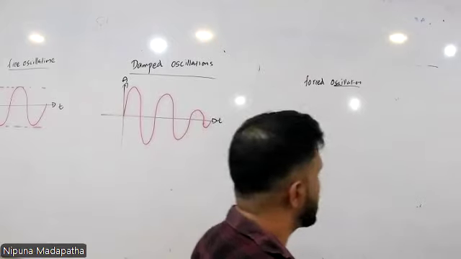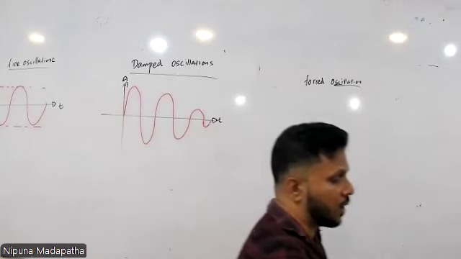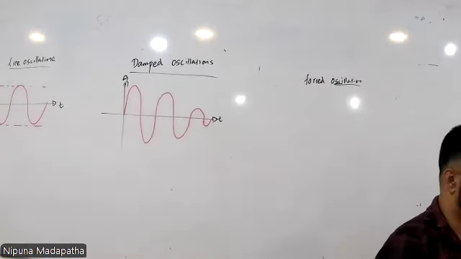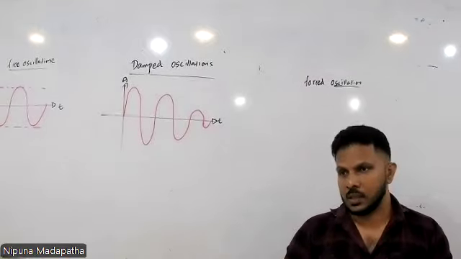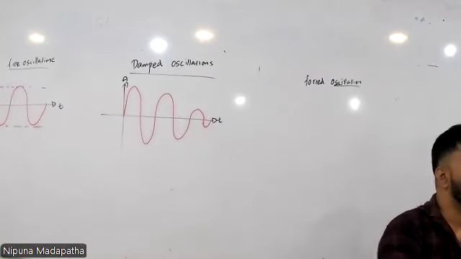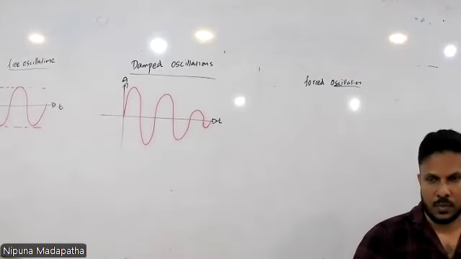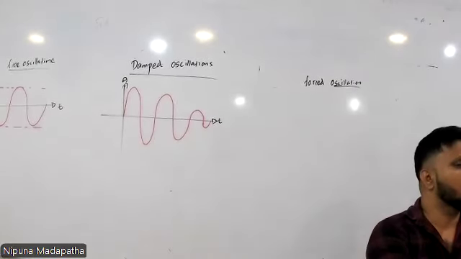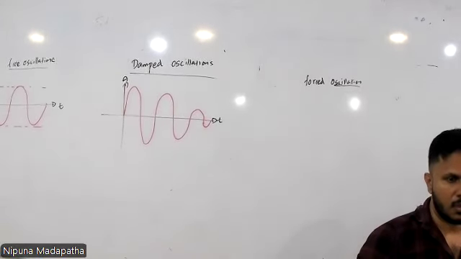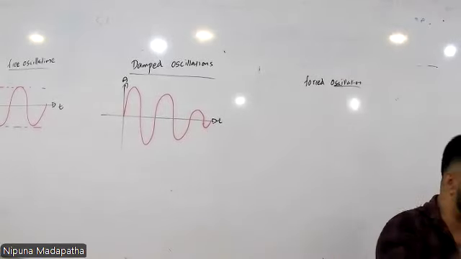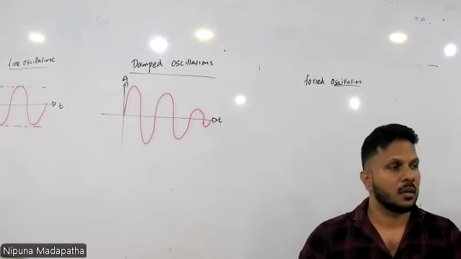A beautiful thing happens when the artificial frequency is equal to the natural frequency of that body: it oscillates with large, maximum amplitude, which means the body absorbs maximum energy from the source. That phenomenon is known as resonance.